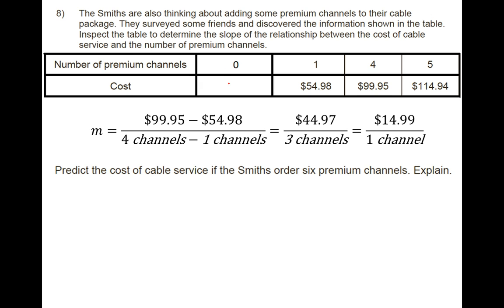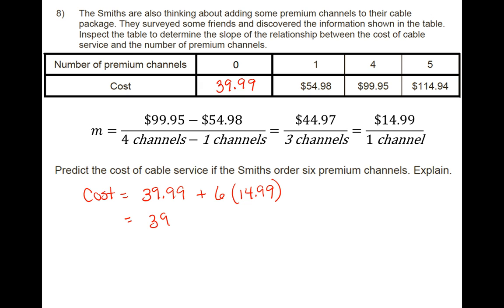Well, we just found that this was $39.99. So if we want 6 premium channels, think about our cost. It's going to be the $39.99. That's the basic price without any premium channels, plus 6 times this $14.99 for each premium channel.